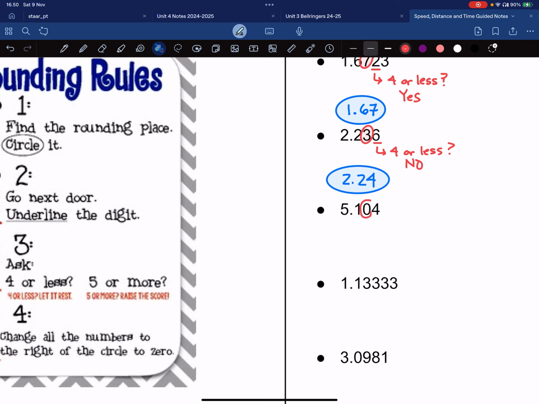Circle the second decimal place. Underline the digit next door. 4 or less. Yes. If yes, let it rest. 5.10.